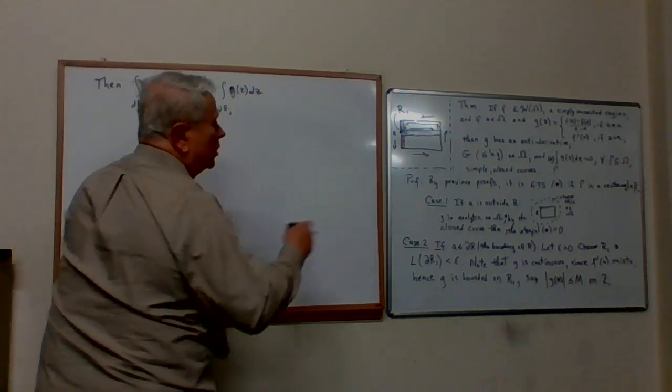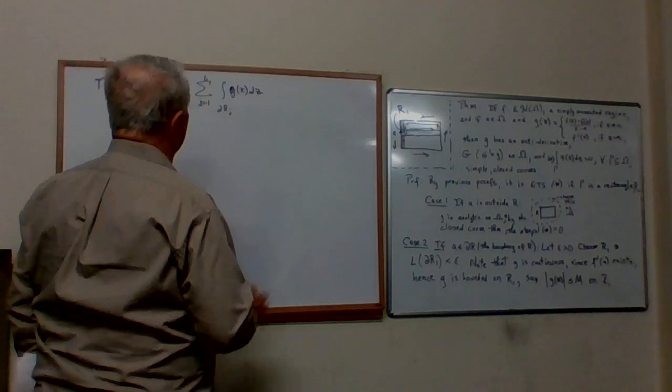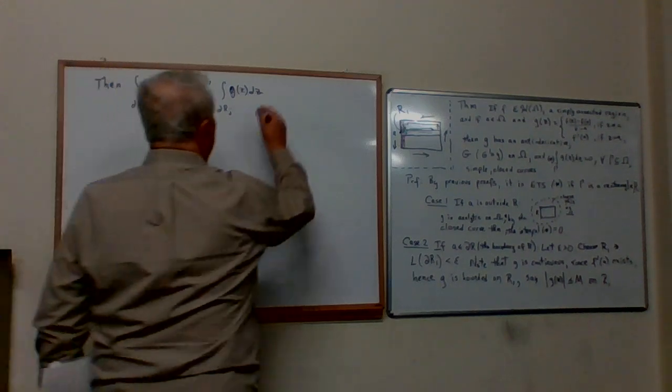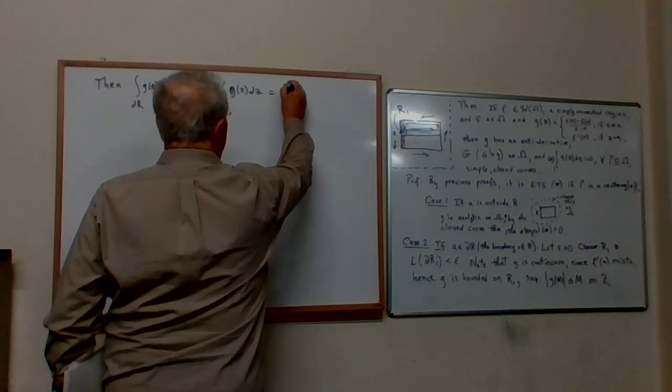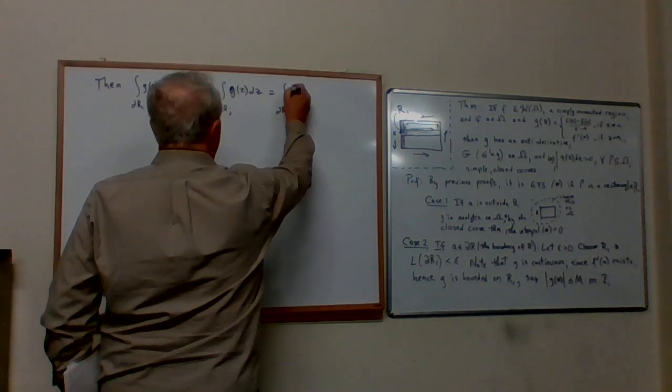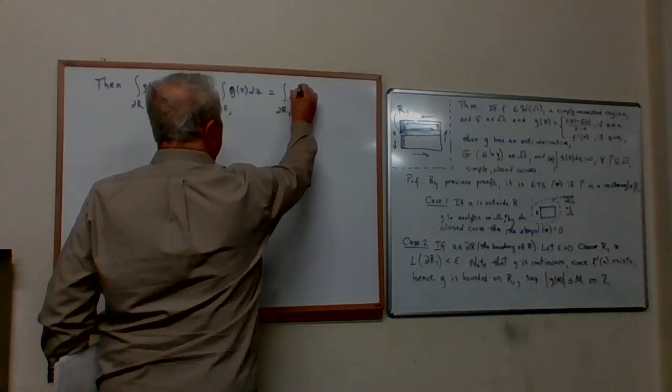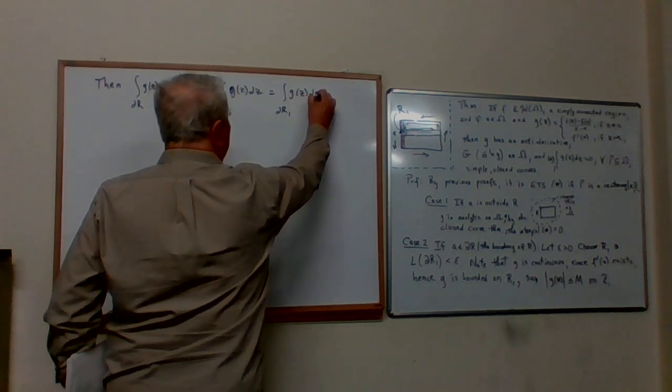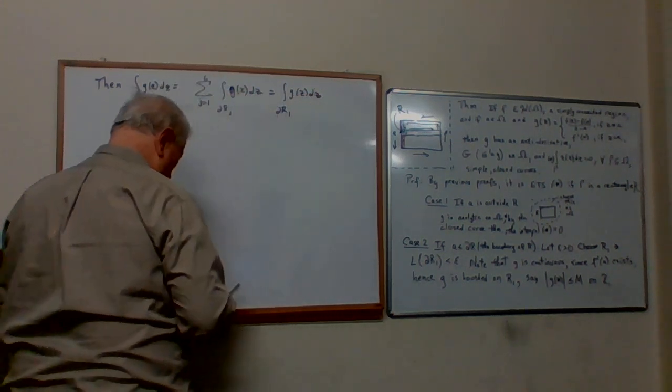But all of them, of course, are 0 because of the closed curve theorem, except for R1, which is equal to the integral over the boundary of R1 of g of z dz.